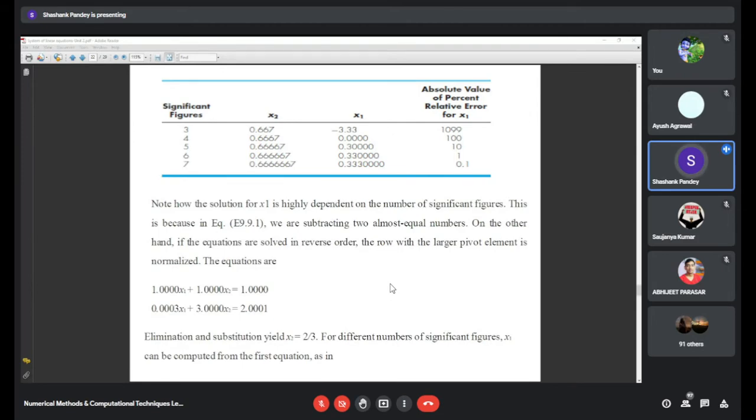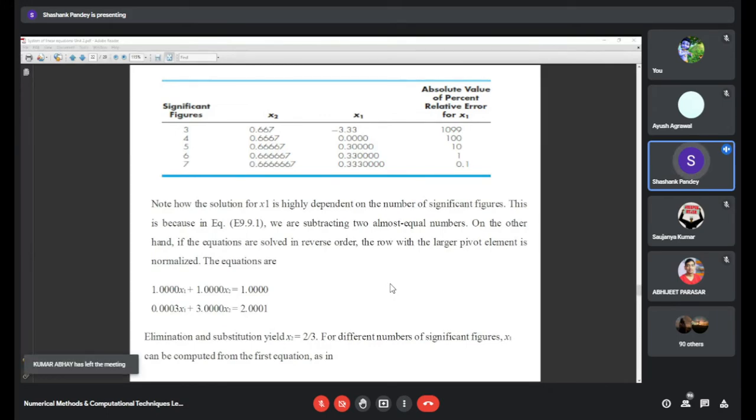Exactly. Anything else? Anyone else like to add to this? Okay, so Ayush interpreted it correctly, and most of you must have also.